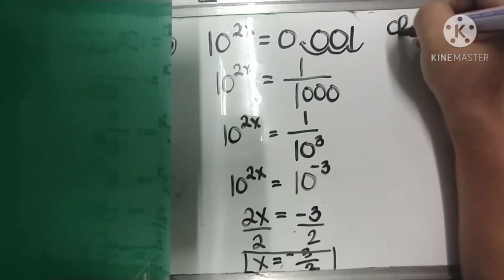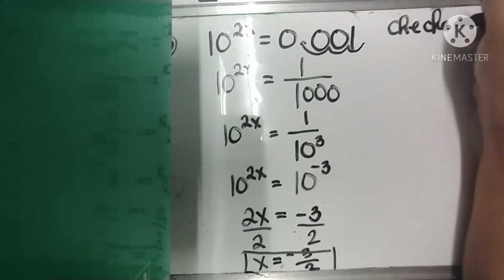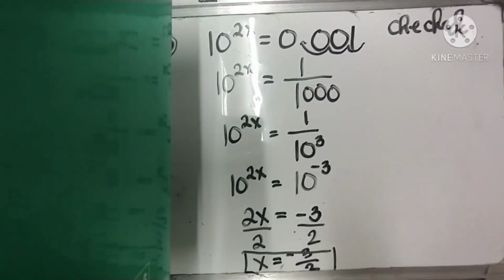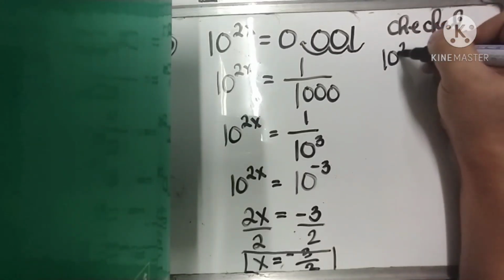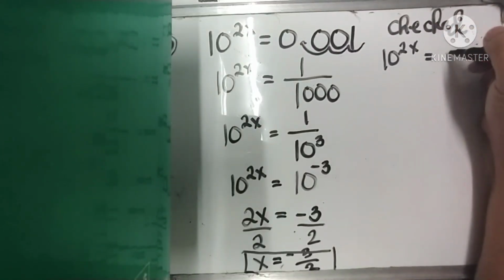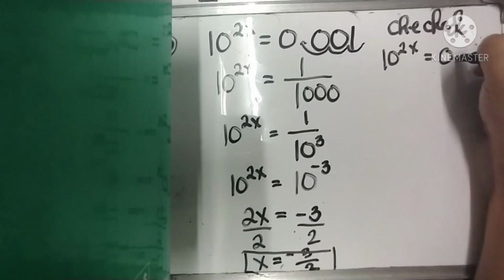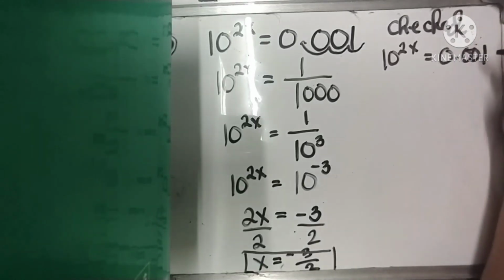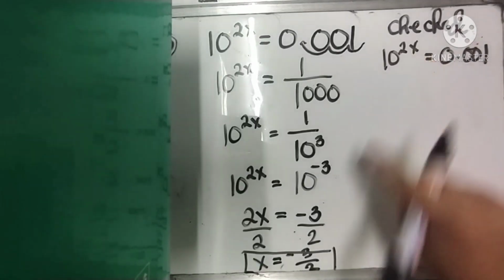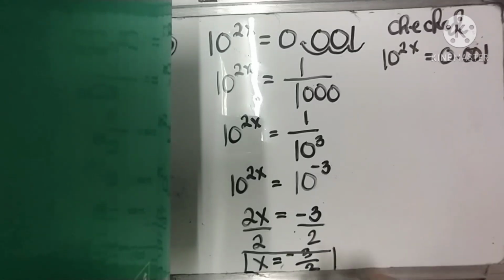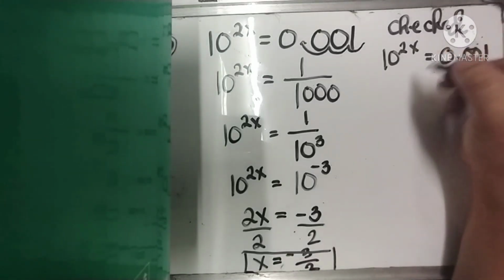Okay, so to determine if our answer is correct, we need to apply checking. So let us check if our answer is correct. Now we are given 10 to the power of 2x, which is equal to 0.001 or 1 over 1,000. We already know that the value of our x is negative 3 halves.